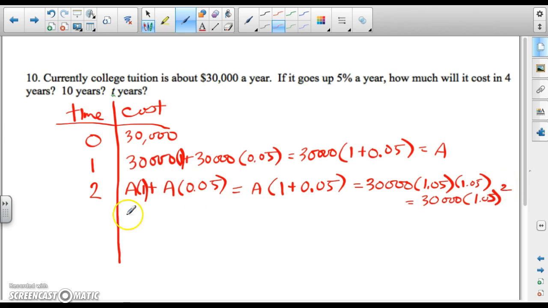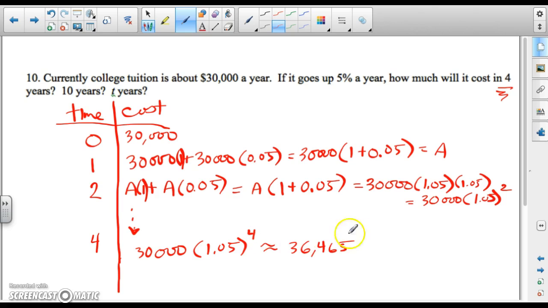So if you repeat that pattern, basically what we can see is in 4 years, you always have that $30,000, and you keep multiplying it by 1.05, 1.05, 1.05, that many number of years. So we have 1.05 to the 4th power. We do the calculation there, and we should come up with $36,465, roughly.